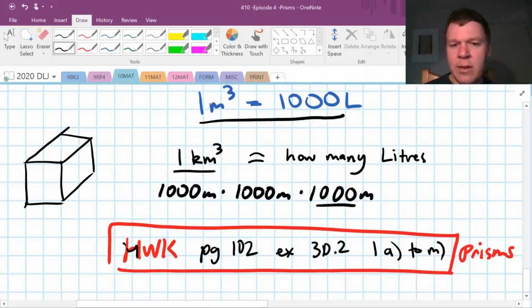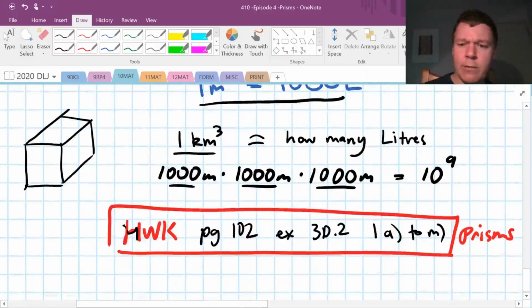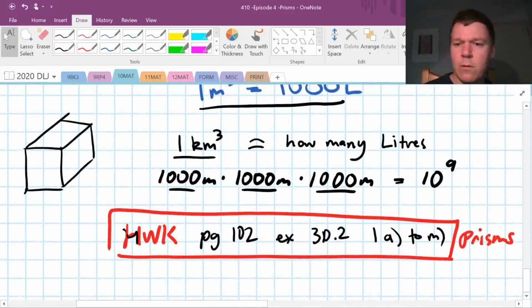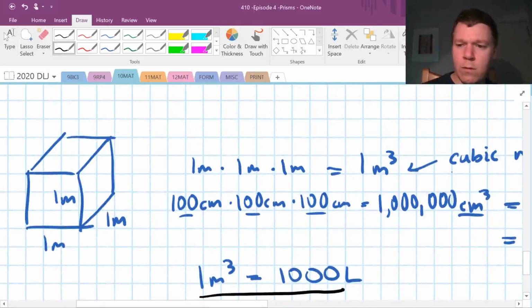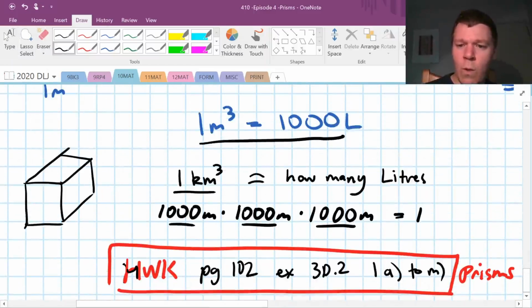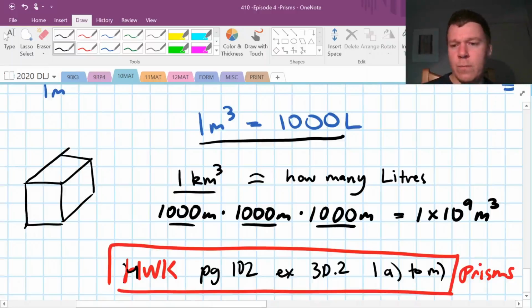So let's use standard form to do this, because that's just too many zeros for me to write out again. That is going to be 10 to the power of 9. Well, actually, in standard form, we would write 1 times 10 to the power of 9 meters cubed.